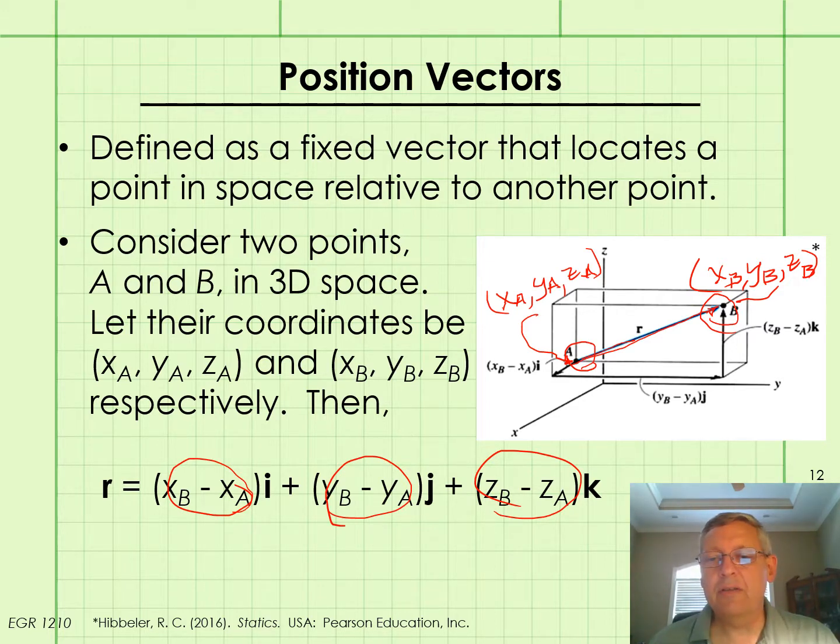It says that if you start at point A, you need to go X sub B minus X sub A in the I direction. Then you go Y sub B minus Y sub A in the J direction. And then you go Z sub B minus Z sub A in the K direction, and you end up at point B.